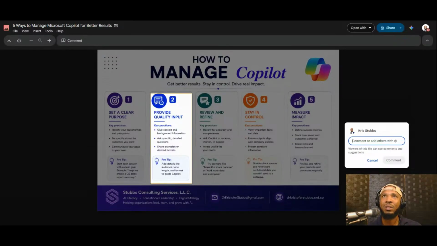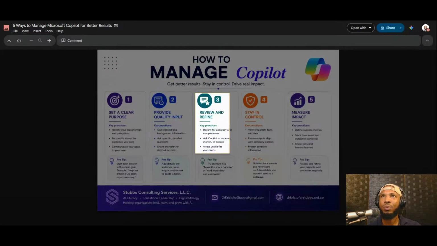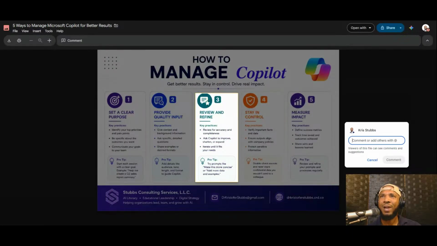Okay. So, number three, let's move on. Review and refine. This is just making sure you're reviewing Copilot for its accuracy and completeness.